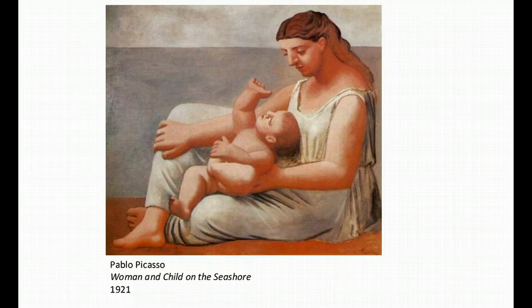Now, this image is incredibly classicist for Pablo Picasso, who we know as the creator of Cubism. We know him also from his successive blue and rose periods that we talked about a few weeks ago.